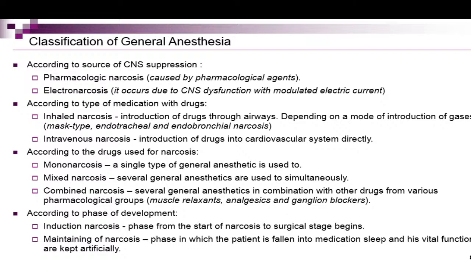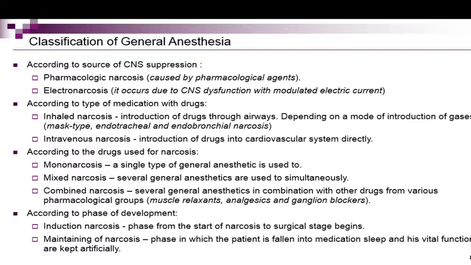First, pharmacological narcosis, caused by pharmacological agents, is the most widespread and generally accepted type of narcosis. Multi-pharmacological narcosis. And electronarcosis as a variant of physical suppression of the CNS by electric current. It occurs due to CNS dysfunction with modulated electric current.